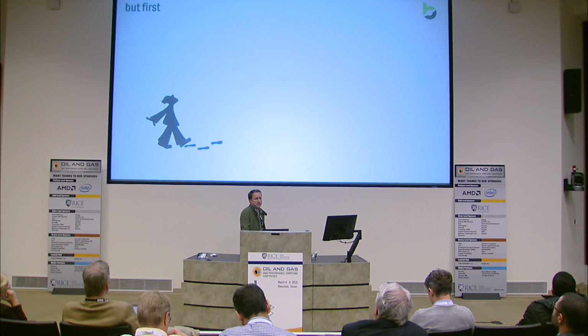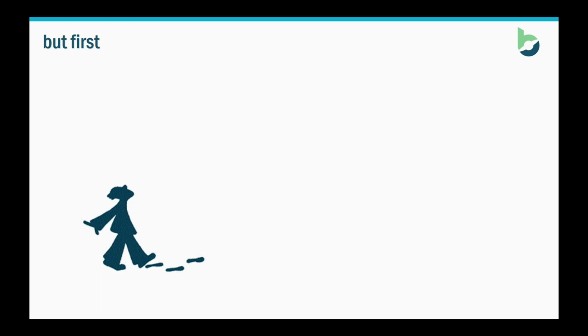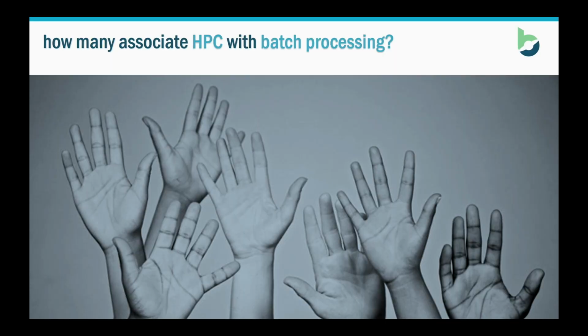But first, let's take a step back, since this is an HPC conference. Deep learning today wouldn't be possible without the high-performance computing that we have on TPUs and GPUs. And there are very many similarities between HPC and deep learning. Many people associate HPC with batch processing.